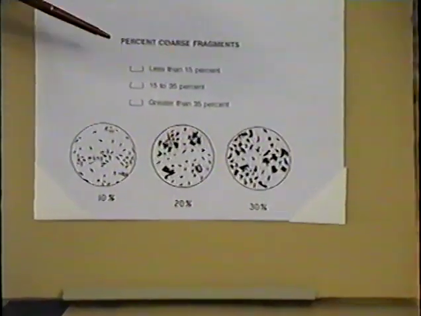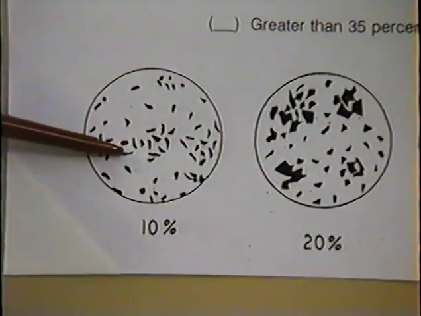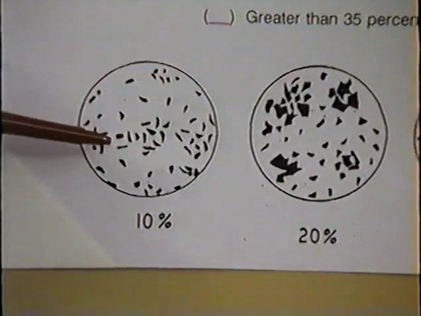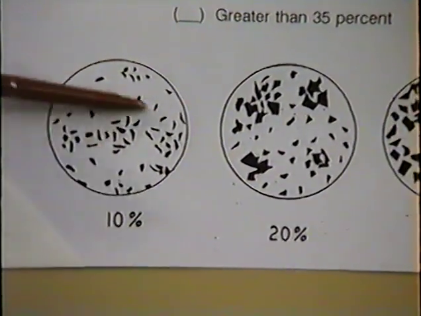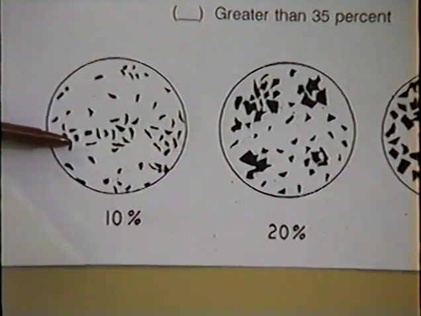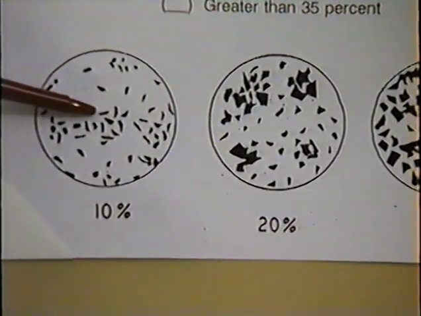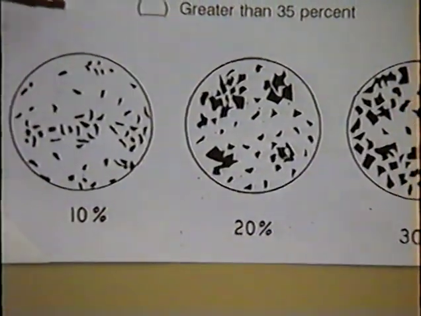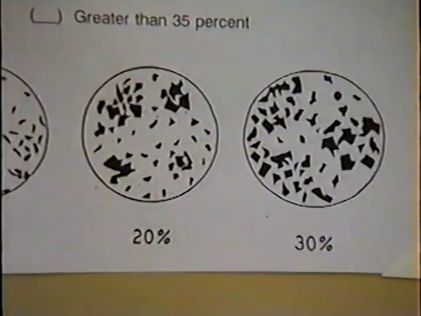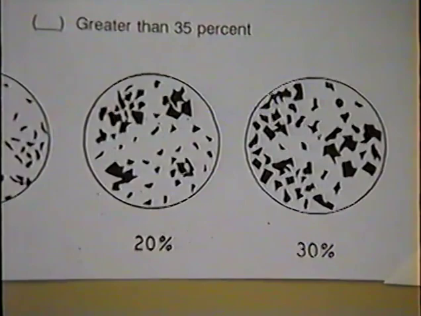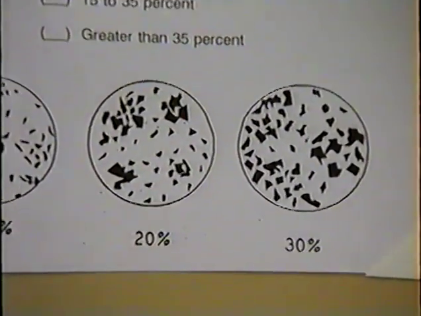And so these would be the categories that I just mentioned, and these schematics here illustrate this. The blackness in this circle here represents 10% of the volume occupied by coarse fragments, or 20% here or 30% here. And so this is simply an estimation that you need to make.